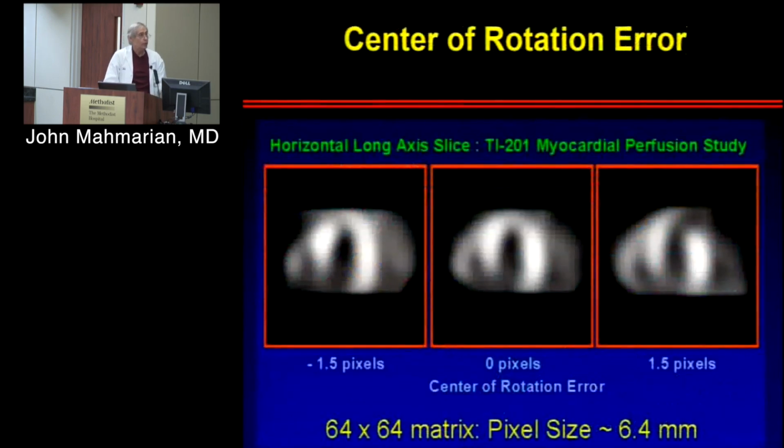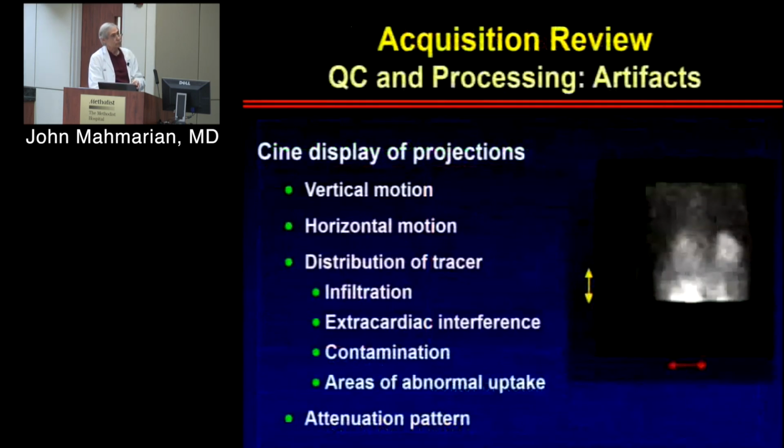Here is a relatively normal image, and this is where the center of rotation was positive 1.5 pixels, and this is where it was off by negative 1.5 pixels. You can see the distortion where you actually create perfusion abnormalities. So it's very important that center of rotation procedures be done, and that's one of the quality assurance issues that we do every day.